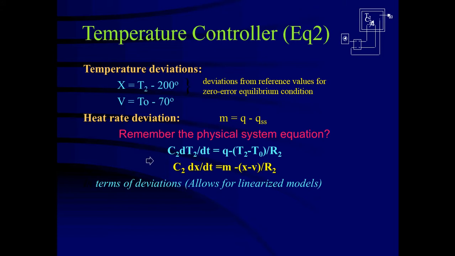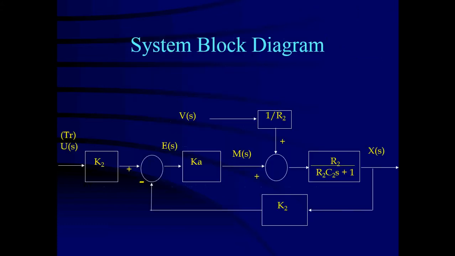In this case, the temperature is T2 minus 200, which is the error. The other one would be T0 minus 70, which is the outside temperature. And then this is again the equation, and then you will have to implement these differences into the equation.